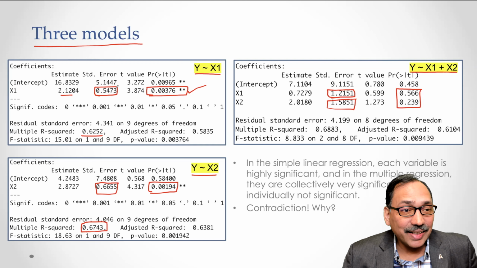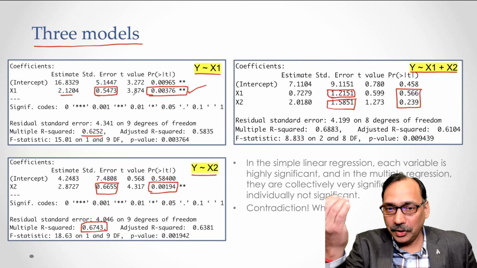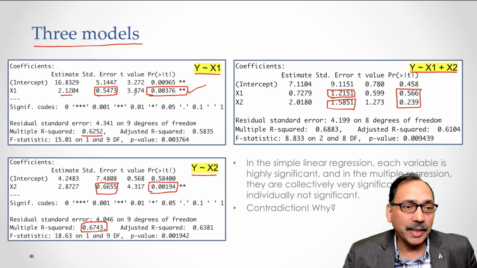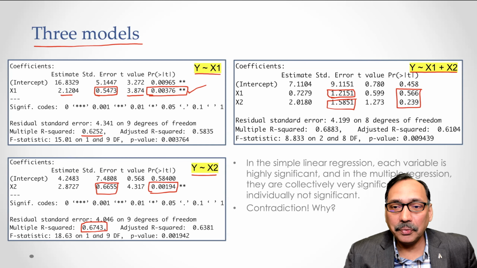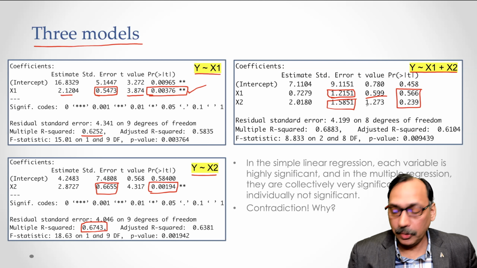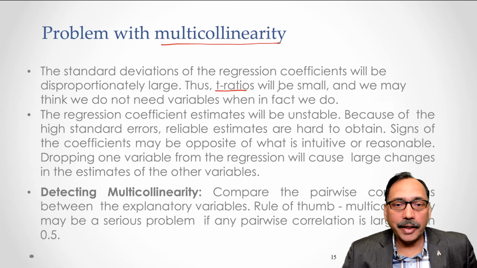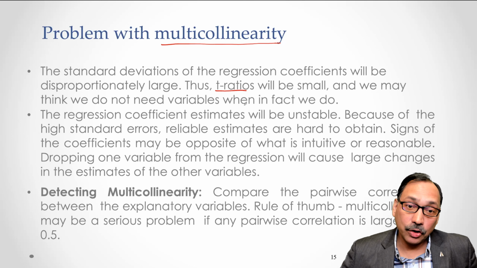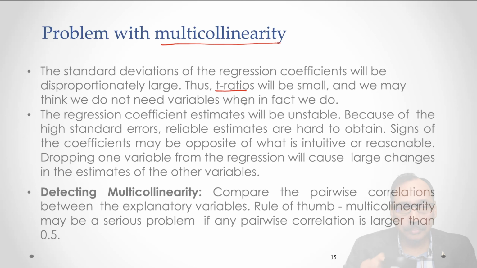If your error is high, your t value is going to come down. You see 3.8 became 0.5. And when t value is small, obviously your p value is going to go up. T ratios will be small, and we may think we do not need variables when actually they are needed.